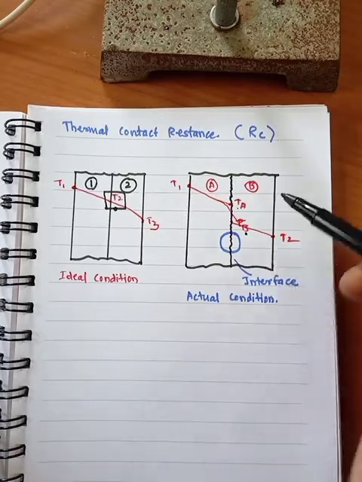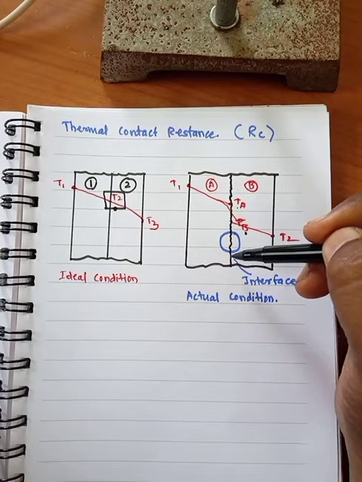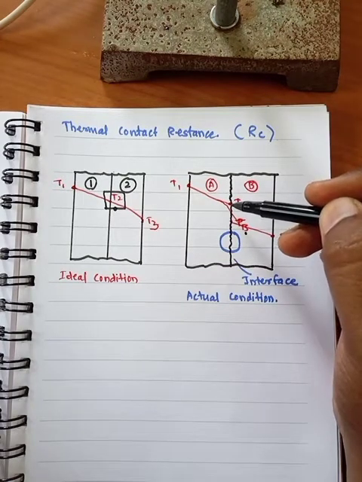So why does this happen? If you see at the interface, due to surface roughness, there will be some gaps available.